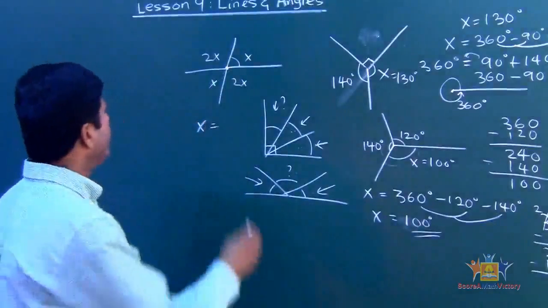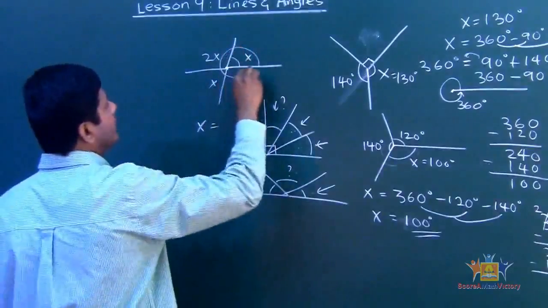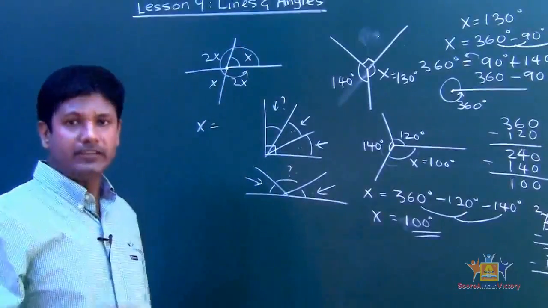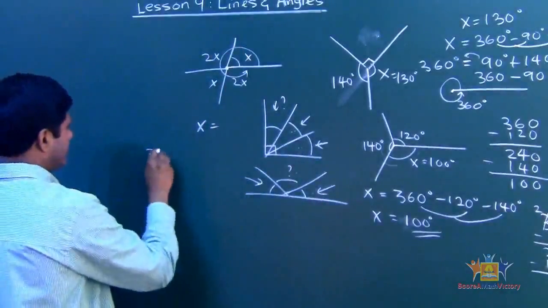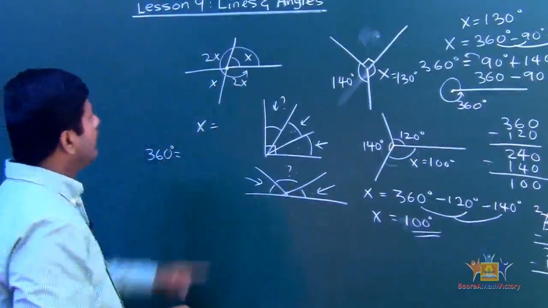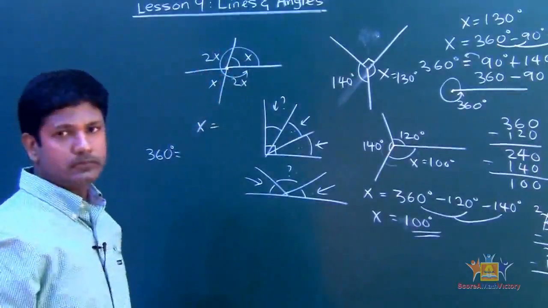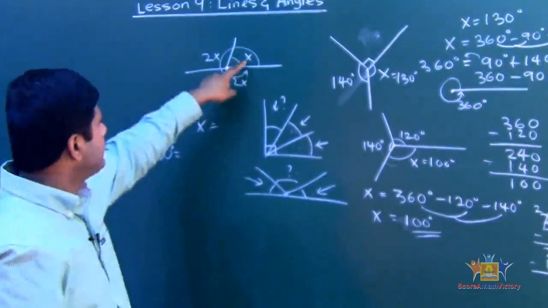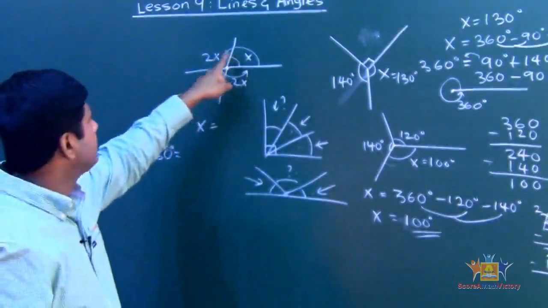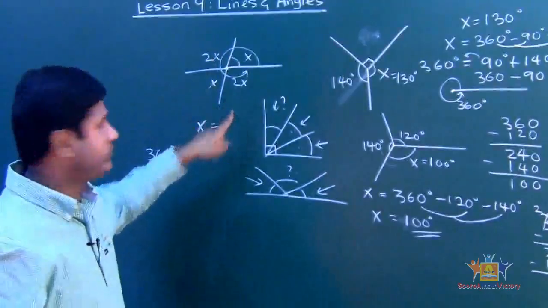Alright? And you know that this total angle is what? 360. Very good. And what is the total? x plus 2x plus x plus 2x. See that?